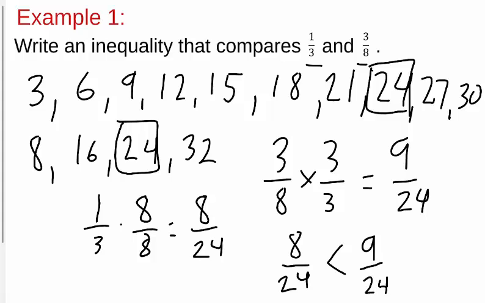And 8 over 24 was 1/3, and 9 over 24 is 3/8. So we can say our final answer is 1/3 is less than 3/8. And we can box in our answer there. 1/3 is less than 3/8. That's the answer. Pretty simple.